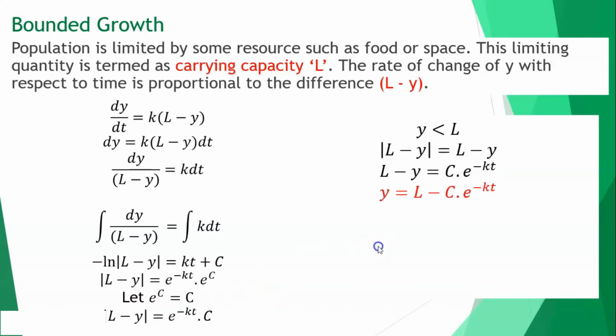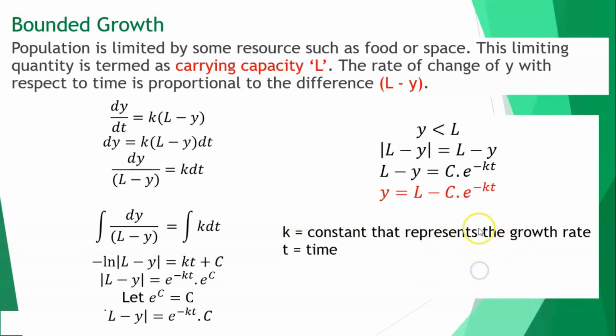So, from here, our y would be L minus c times e to the power of negative kt. Take note, k here represents the constant that represents the growth rate. Our t here is time. Our L is the carrying capacity. And c here is L minus y of 0.